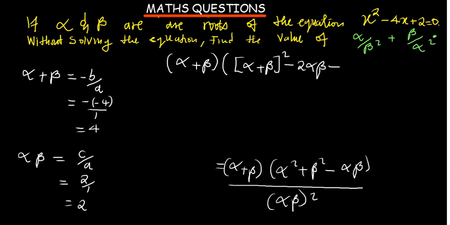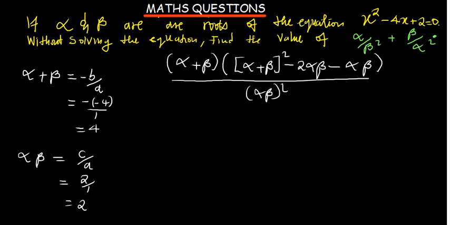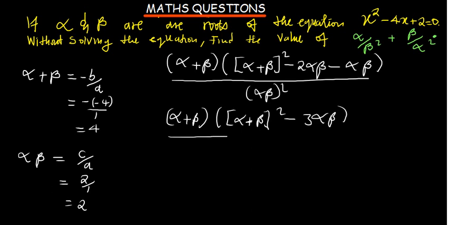But remember, I've got another minus alpha beta there, and then in the denominator we have got alpha beta squared. So this gives you alpha plus beta, and then you've got alpha plus beta squared. This will become negative 3 alpha beta, and then in the denominator you've got alpha beta squared.